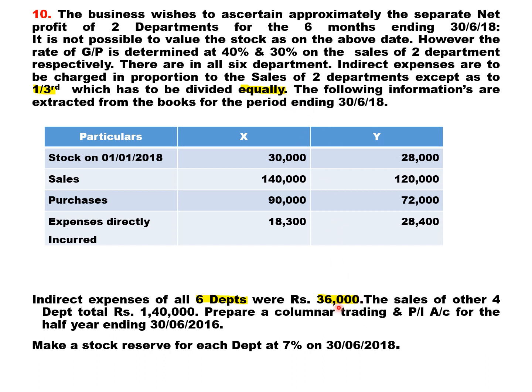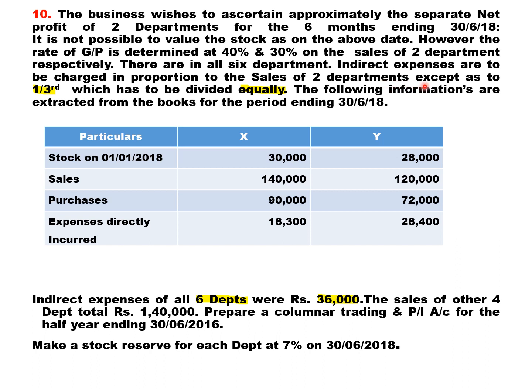See students, the indirect expenses come to 36,000. This 36,000 is the indirect expenses of all 6 departments. So what should you do with 36,000? 1/3 should be distributed in equal ratio and 2/3 should be distributed in sales ratio.